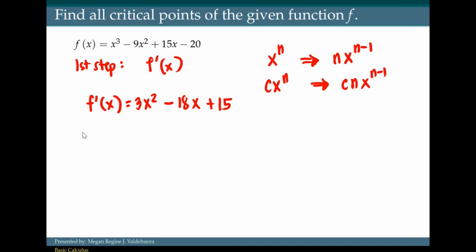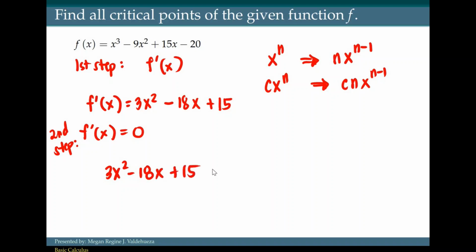Next is we will equate the first derivative to 0. So second step. So we have 3x squared minus 18x plus 15 equal to 0. So from here, we can do factoring, and we have here a common monomial factor of 3.